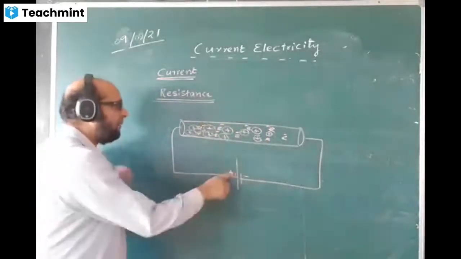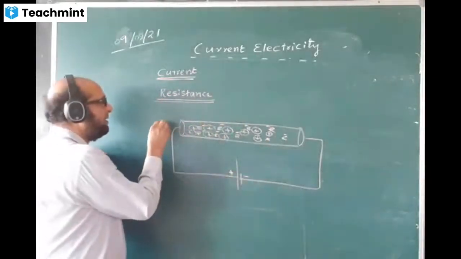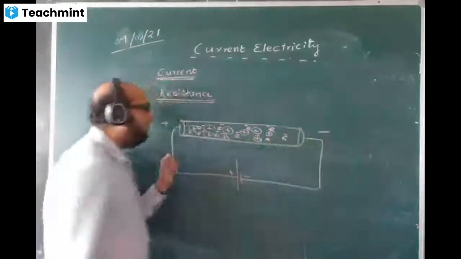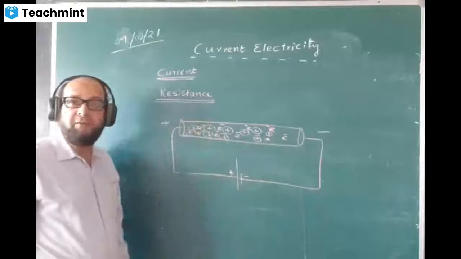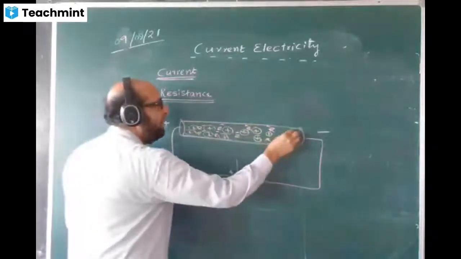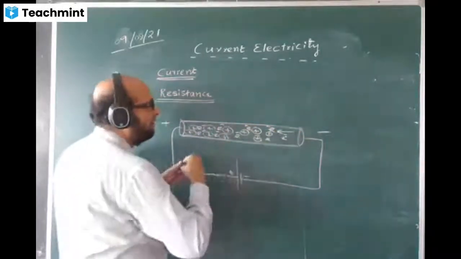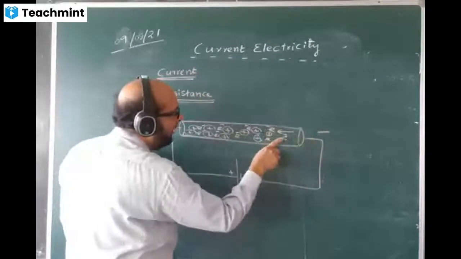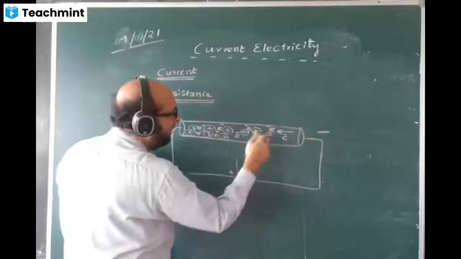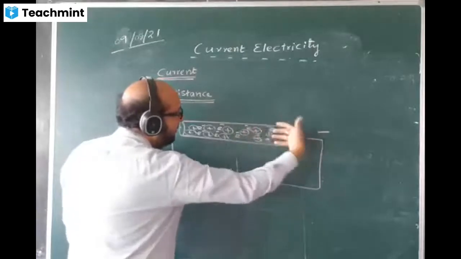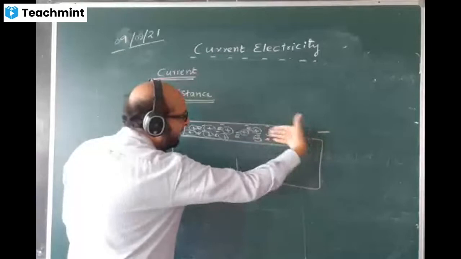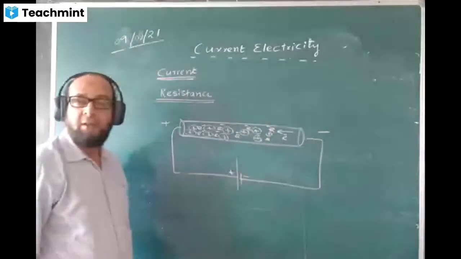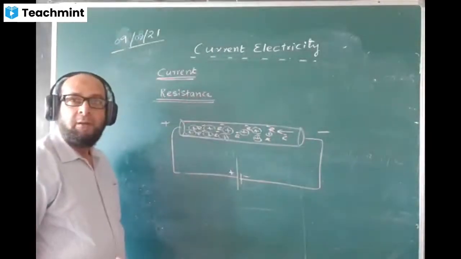When we apply positive on this side and negative on this side, we know positive attracts the negative. Positive will pull the negative charge, so the electrons move in this direction.